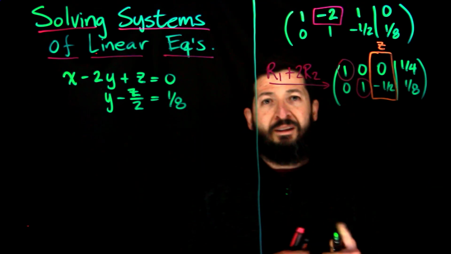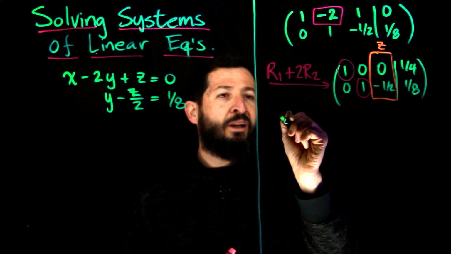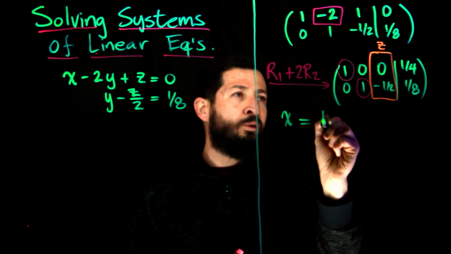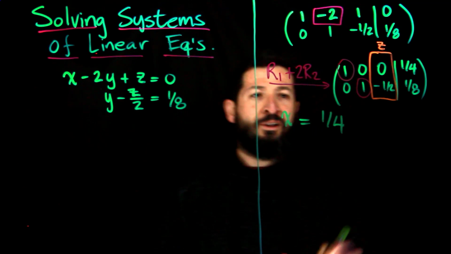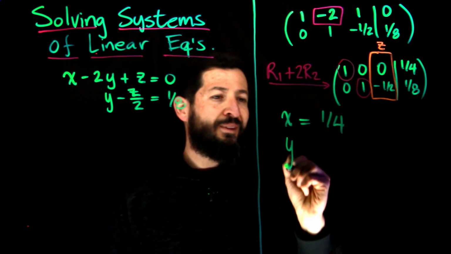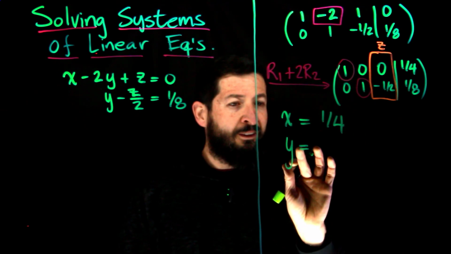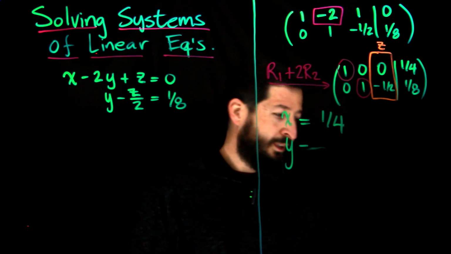So z is going to be there regardless. If I rewrite these equations, what I'm going to have is x plus 0y plus 0z is equal to 1/4. So for x, I got a number, fabulous. But for y, I'm not going to get a number. I'm going to get y, oh, I forgot to write minus. Let me erase.